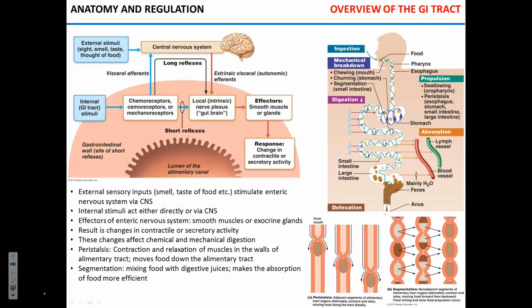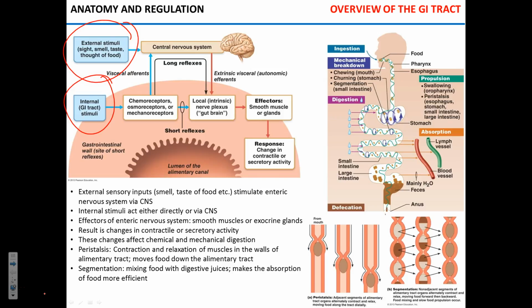So as we just figured out, all the stimuli can be cut down to the word food. Whether you bite it, whether you smell it, taste it, think of it, okay? That's all stimuli. That's external stimuli.